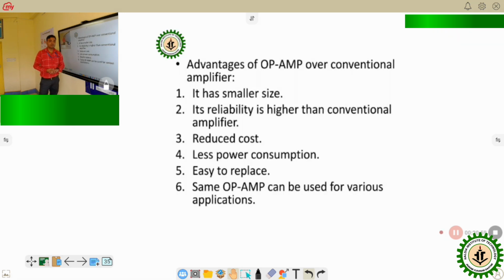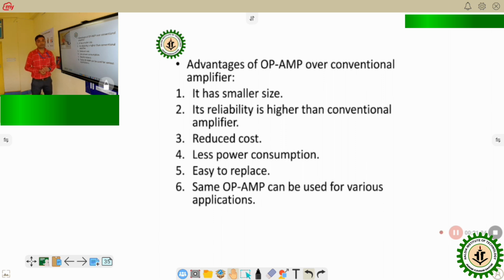So, what are the advantages of the operational amplifier over the conventional amplifier? It has a smaller size. It's a big factor because as technology is progressing, size and area are among the main factors. Its reliability is higher than that of the conventional amplifier.